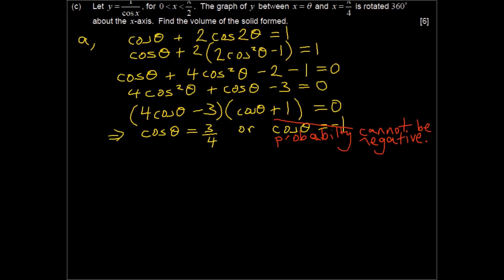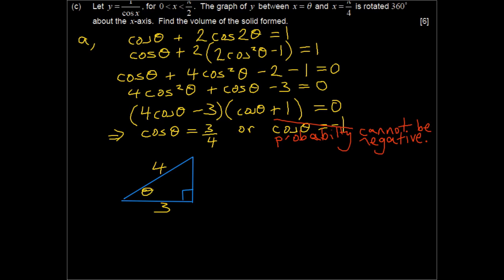So the way I want to go about this is, if we draw a right angle triangle like so, and I label this angle here theta. Because cos theta is 3 over 4, and cos is equal to the adjacent divided by the hypotenuse, this would be the hypotenuse here, 4, and this would be the adjacent here, 3.